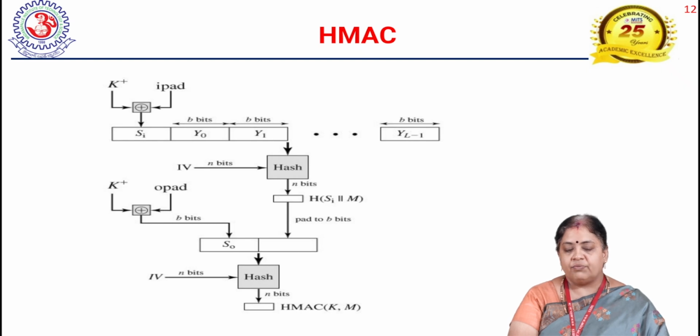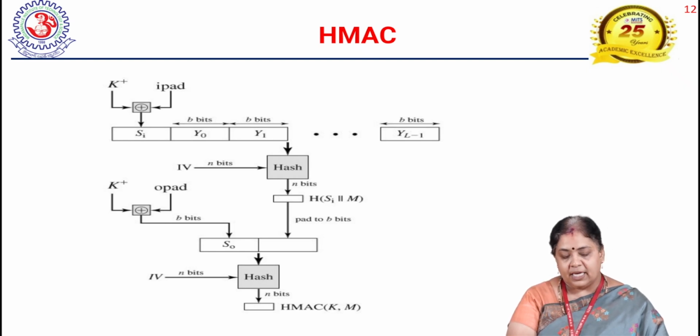The message can be of variable length, but it produces a fixed length output. Like that, we get the HMAC, which is very secure, because the hash algorithm is incorporated with the key. So we get a powerful code called HMAC, which ensures the integrity as well as the authenticity of the message.